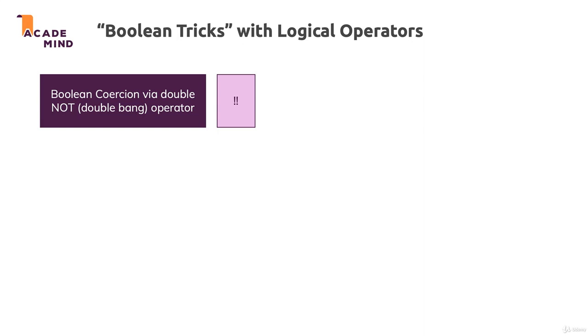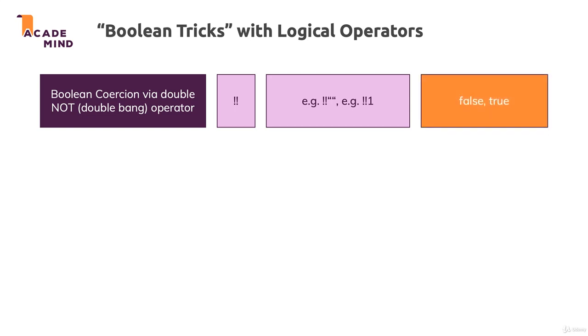And if you then convert that false value back with another exclamation mark, you get a real true value, so a real boolean. So for example, if you use double exclamation marks in front of an empty string, you will get a real false boolean instead of that falsy interpretation which JavaScript normally uses. If you use double exclamation marks in front of a 1, you get a real true value.